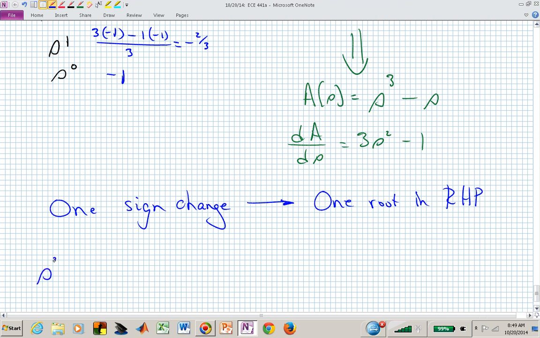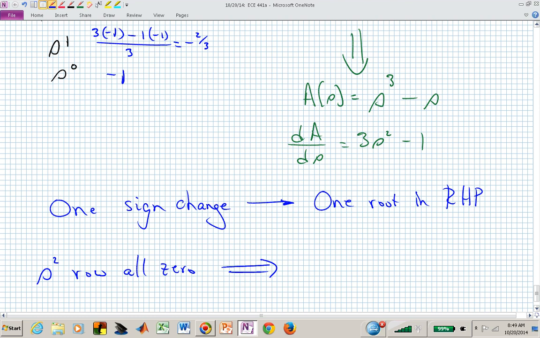The S2 row was all 0. What does that imply? How many roots are symmetric with respect to the origin? The S2 row being 0 says that the symmetry is due to the row just above it. So the S cubed row is what's giving us symmetry with respect to the origin.